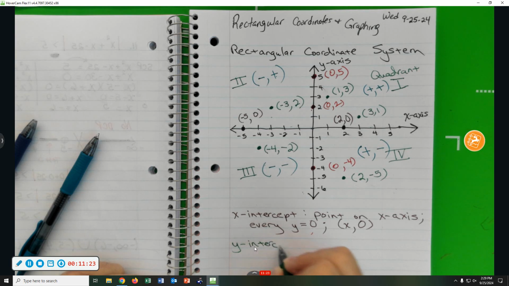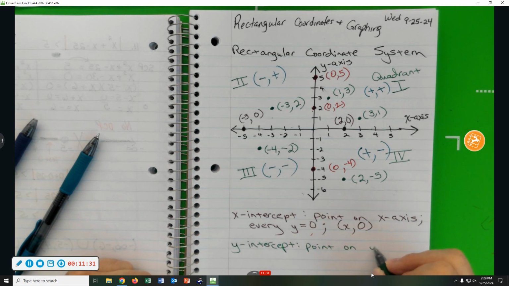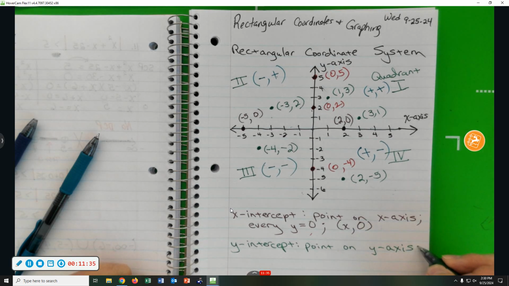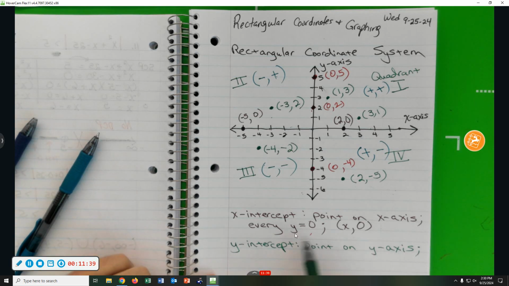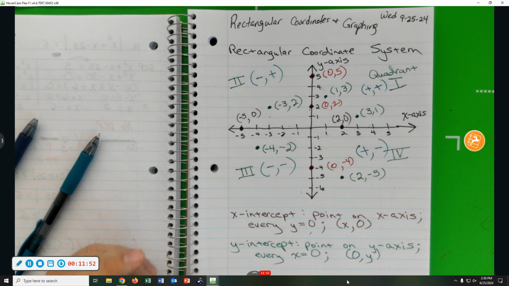Y-intercept. That's a point on the y-axis. And every point on the y-axis, instead of having a y value equal to 0, every x value will be 0, so you expect the ordered pairs to be of the form (0, y).